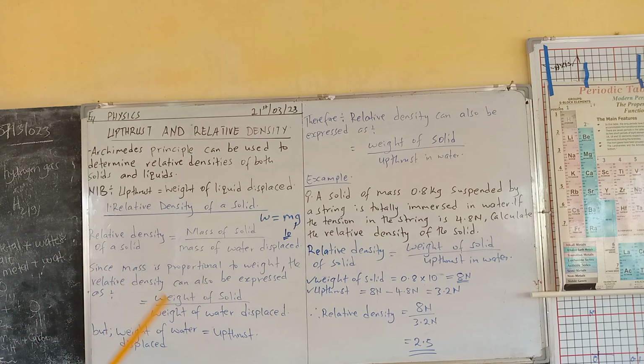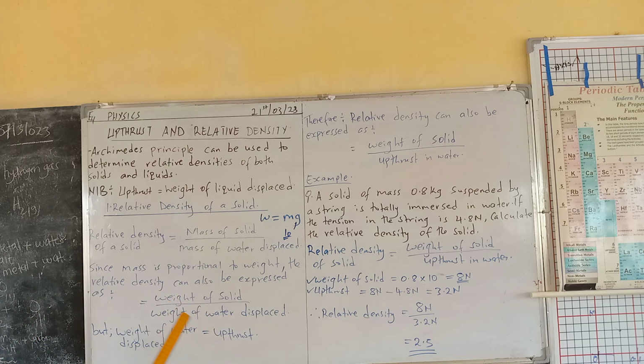So relative density, when we now use weight, can be expressed by taking the weight of the solid, and how do we find the weight of the solid? Just take the mass and multiply it by our constant, the value of g. Then divide it by the weight of water displaced.